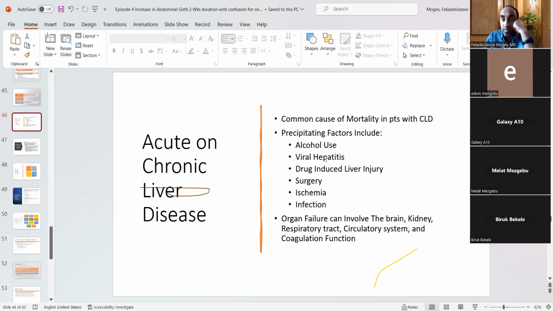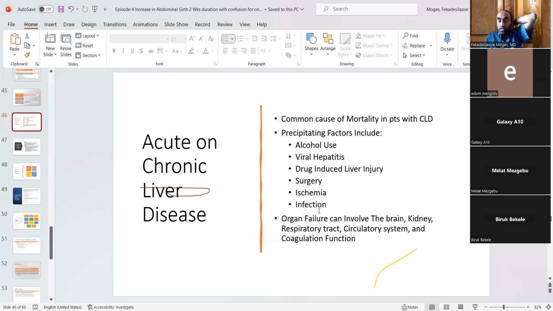Viral hepatitis. So if a patient with CLD cirrhosis develops acute hepatitis B, acute hepatitis A, or acute hepatitis C virus infection, they will develop acute on chronic liver disease, okay? A drug-induced liver injury, like if they consume any hepatotoxic medications like acetaminophen, recent surgery, ischemia, or infection can predispose patients.